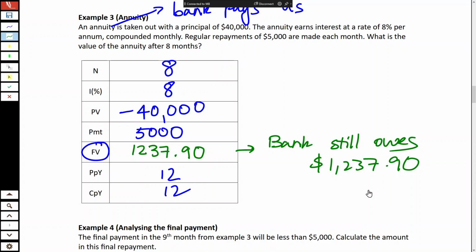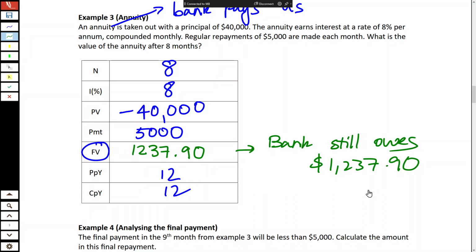Yes. The bank owes me this much after 8 months, and at the start of the 9th month, I earn some interest. So this is going to go up a little bit. Okay? So once this goes up, I need to figure out what that new number is.